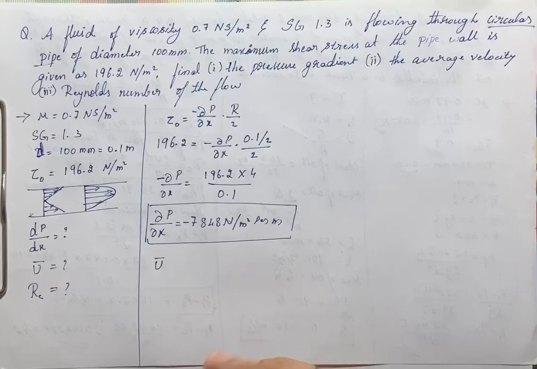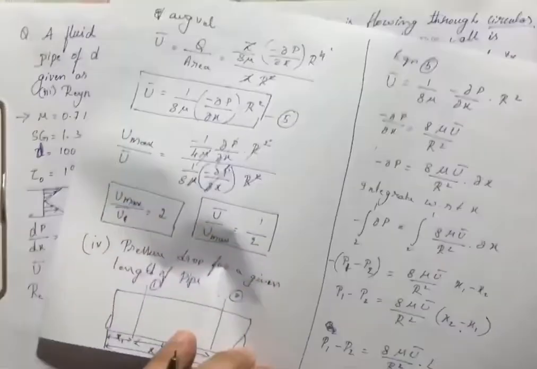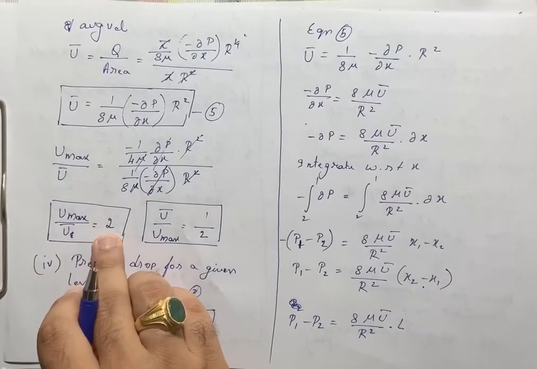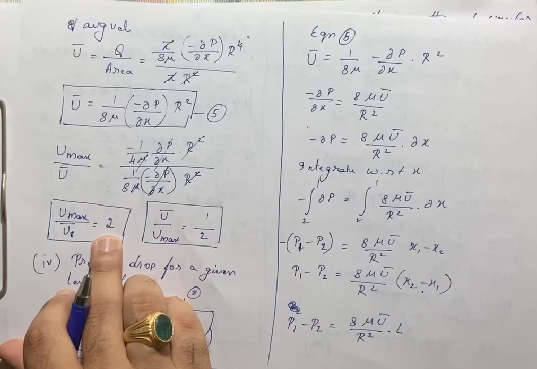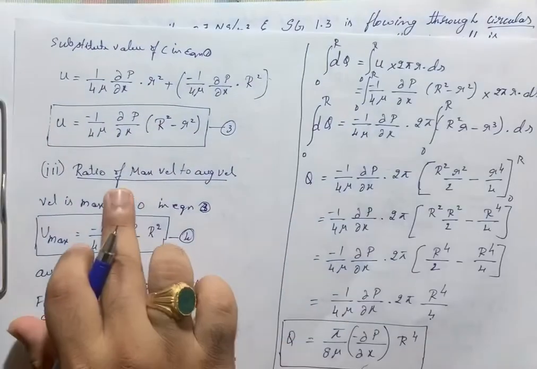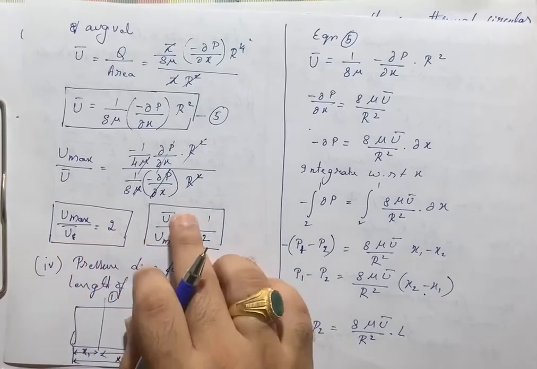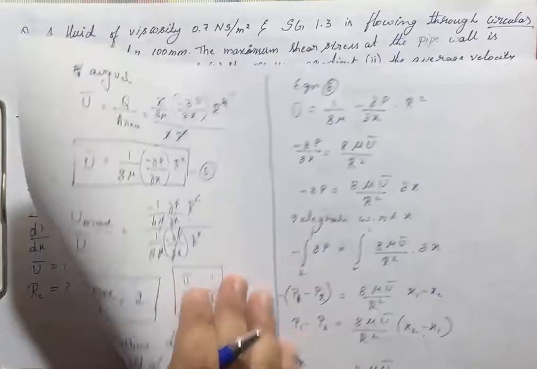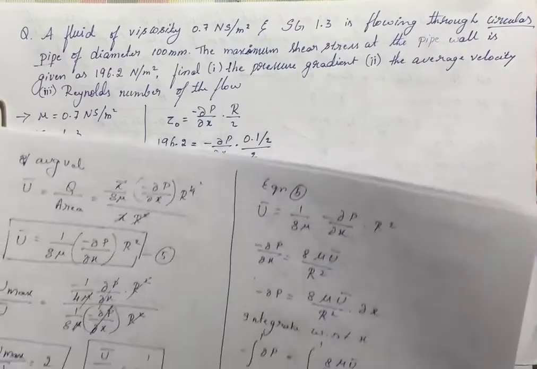We have derived a formula in this pressure drop topic: u max by u bar is equal to 2, that is the ratio of maximum velocity to average velocity, or u bar by u max is equal to half, right? Why am I taking this one? Because we don't have a direct formula to find out u bar here.